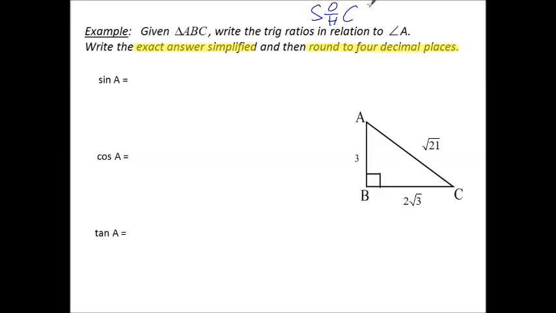SOH, CAH, TOA. And next we are going to look at our angle A, and we're going to identify which sides are the adjacent, the opposite, and the hypotenuse. Starting with the hypotenuse, as it's the easiest one, this is the hypotenuse, the side which is across from the right angle.